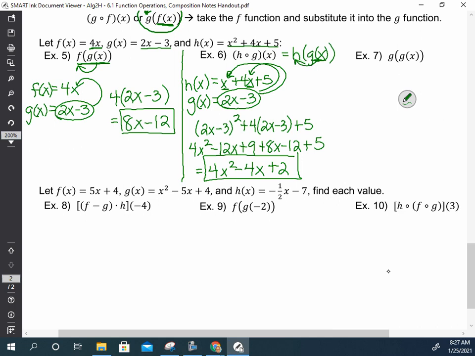Yeah, this is where knowing how to simplify now comes into play. So if you still struggle with simplifying expressions, make use of that asynchronous time to get the extra help that you need.